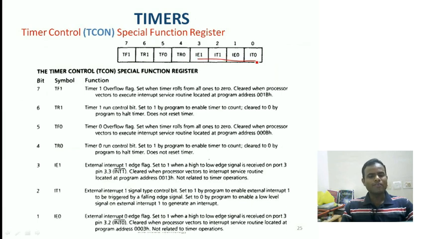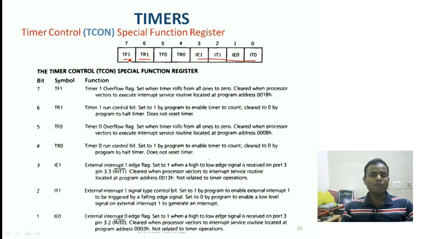So what are TF1, TR1? TF1 is timer overflow flag 1 and TR1 is timer run bit 1. Similarly, TF0 and TR0 are timer overflow flag 0 and timer run bit 0. TF1 and TR1 are the timer overflow flag for timer 1 and the timer run bit for timer 1.